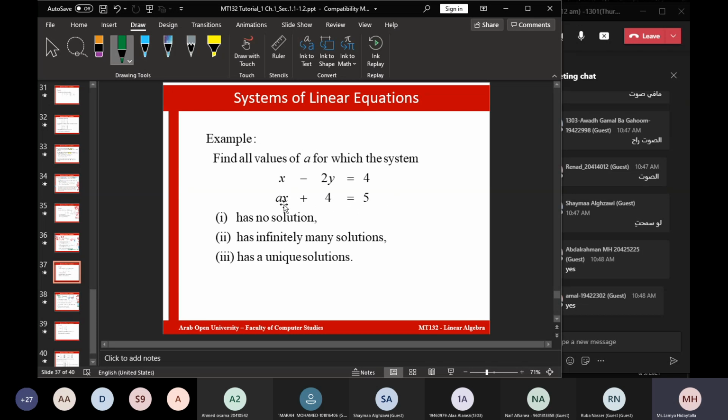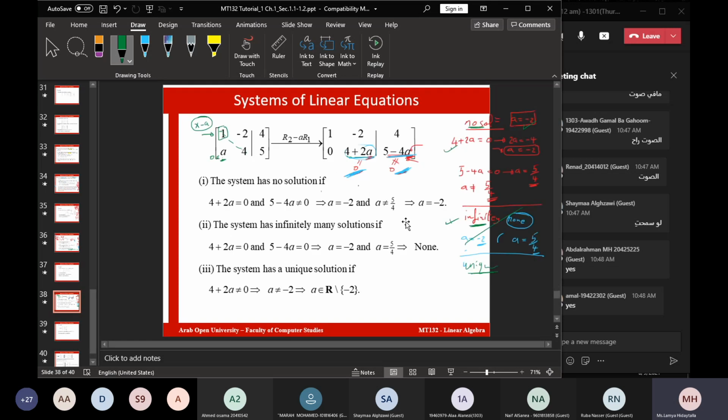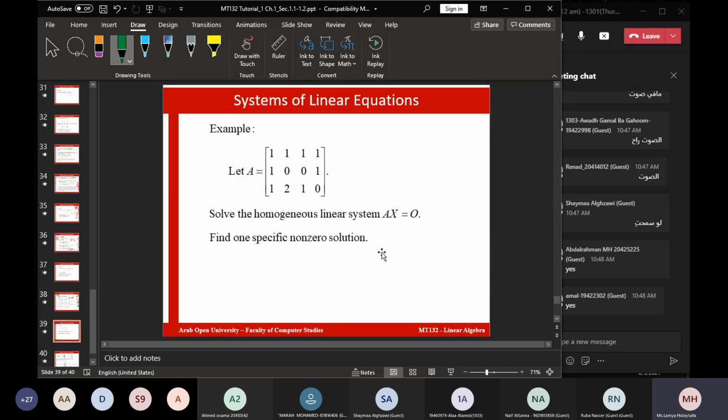So solve these other cases. You will find you get a unique solution except when you substitute -2, where you get no solution. Clear? Any question for now?